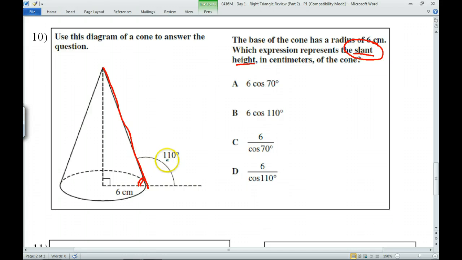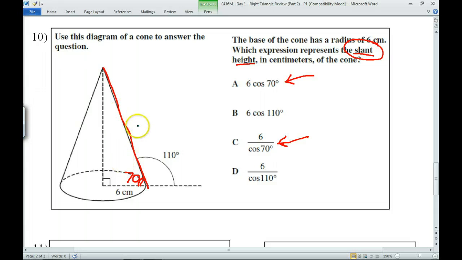So if this is 110 and I need a total of 180, how many degrees is this angle going to be right here? Alright, hopefully you can see that this is going to be 70 degrees. So looking up at the picture, do you see the two answers that involve 70 degrees? So the answer is probably going to be either A or C, because they are the ones that involve the angle inside the triangle.